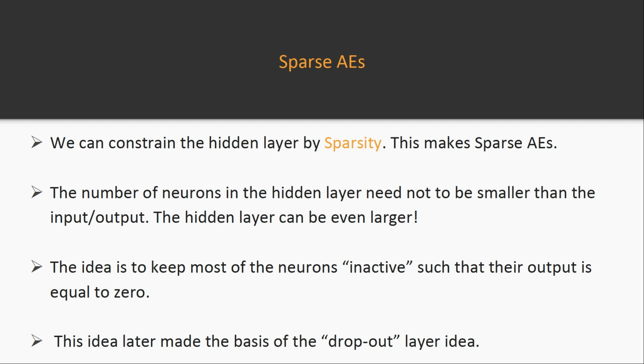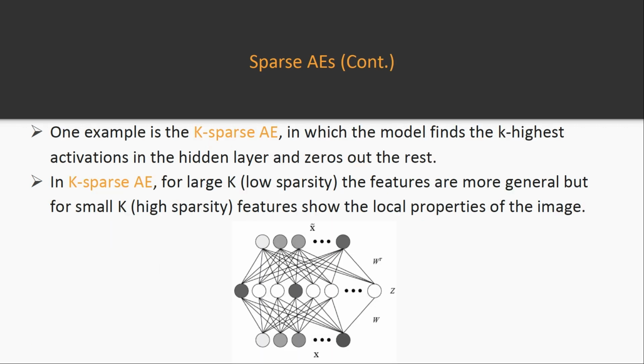This idea of deactivating some of the neurons is also behind adding the dropout layer, which is used in neural networks to prevent overfitting. One of the examples of the sparse autoencoders is the K-sparse autoencoders, in which the model finds the K highest activations in the hidden layer and zeroes out the rest.